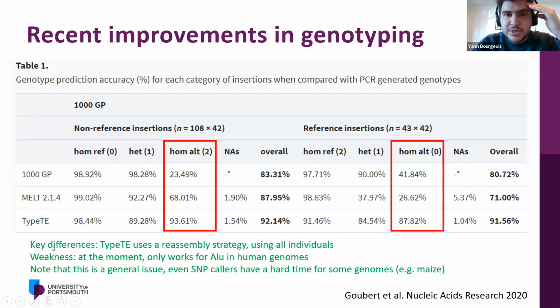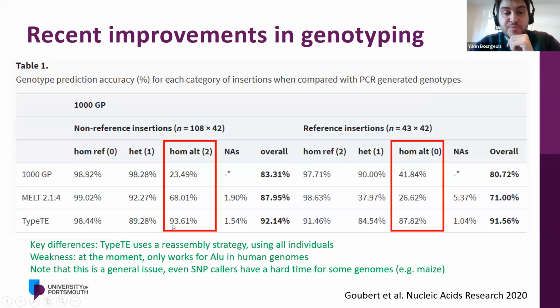What's a bit worrisome is that the accuracy is not too bad when you are calling, for example, the absence of TEs, homozygous absence. Heterozygous TEs are not necessarily that bad using MELT, for example, but when you call the genotypes that are supposed to be homozygous for the TE, you see that the accuracy drops a lot.